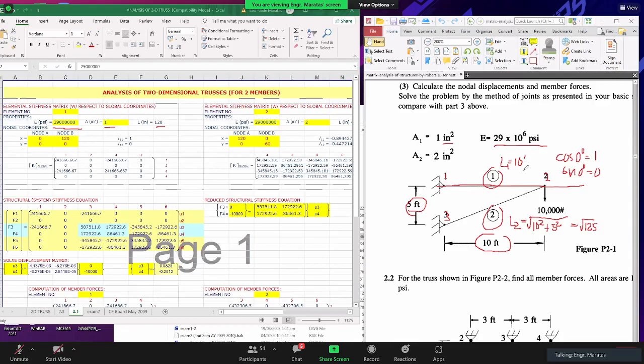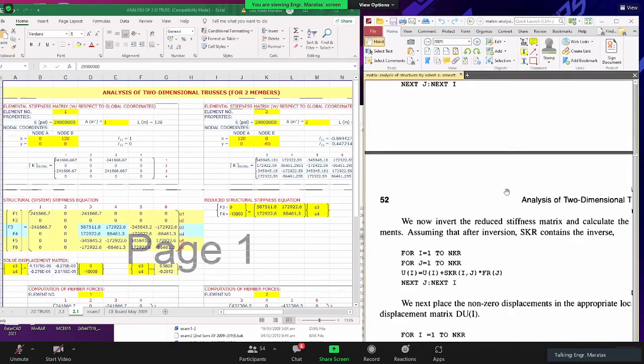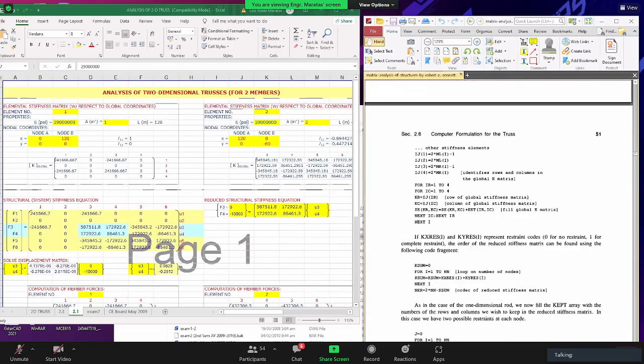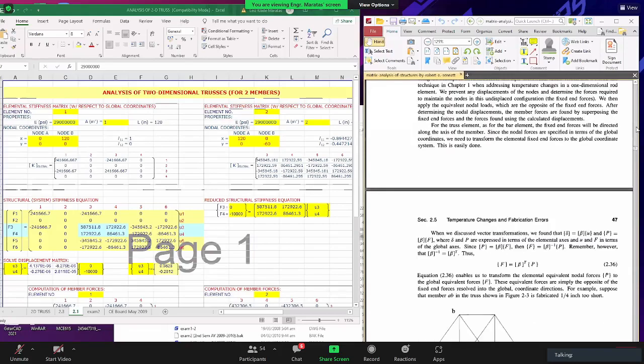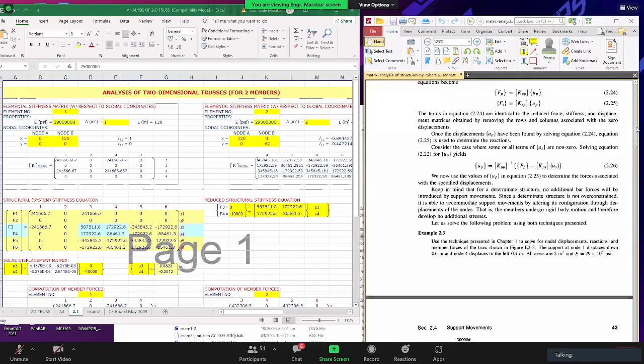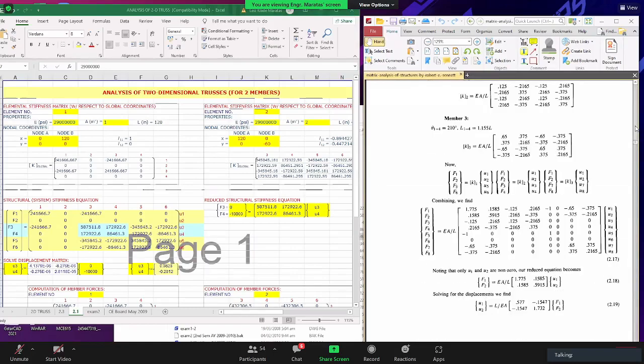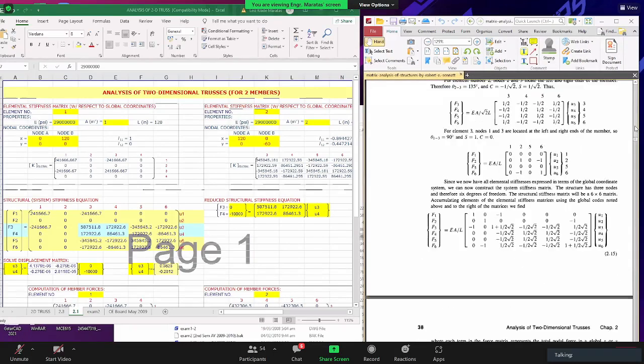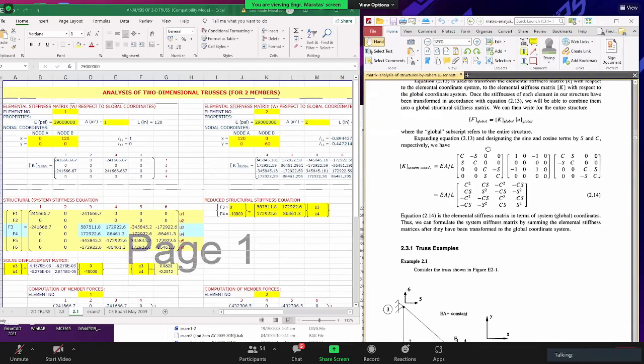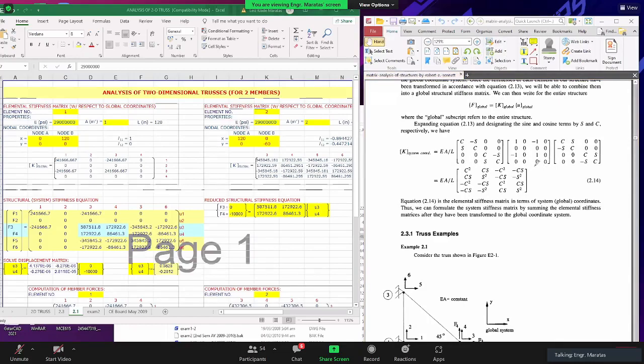So let me highlight this in yellow. This is the elemental stiffness matrix with respect to the global coordinate system, per element.